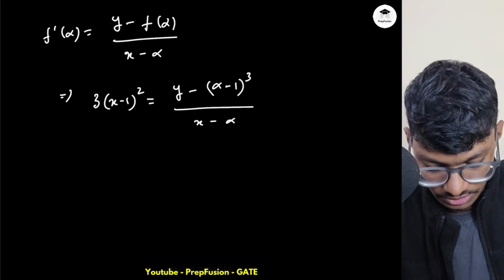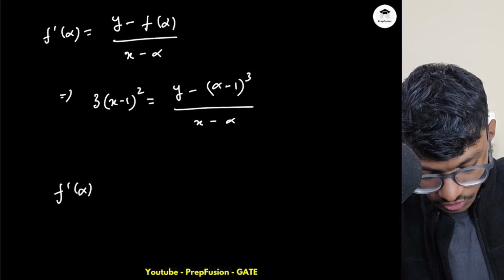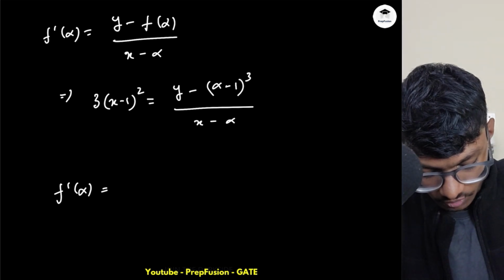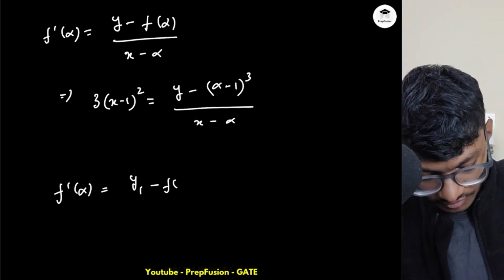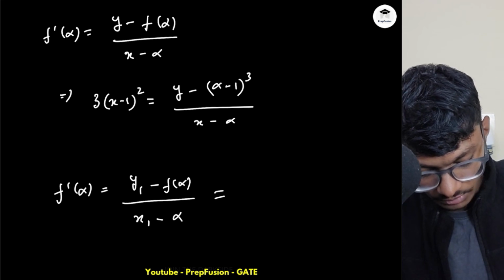And what is the second equation? My f dash of alpha should also equal y1 minus f of alpha divided by x1 minus alpha.